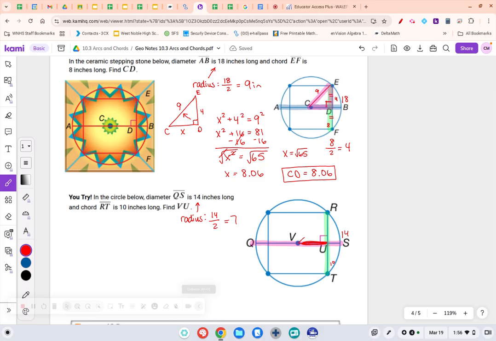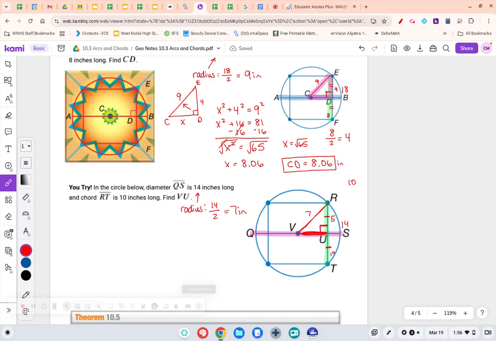Once again, I'm going to draw in a right triangle here. Since all radii are the same, I know that radius has to be 7 inches, technically. I should have put inches up here as well. Then I also know, based on the fact that this is 90, that these two parts are congruent, making this section 5.